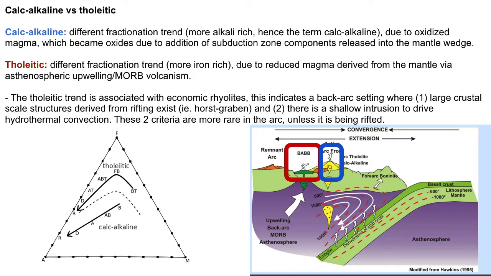So tholeiitic means we're in the back arc, and the back arc is good because we have large-scale crustal structures derived from rifting that allow hydrothermal fluids to circulate, and there are also shallow intrusions capable of driving hydrothermal convection. And these two things tend to be more rare in the arc setting unless it's being rifted.